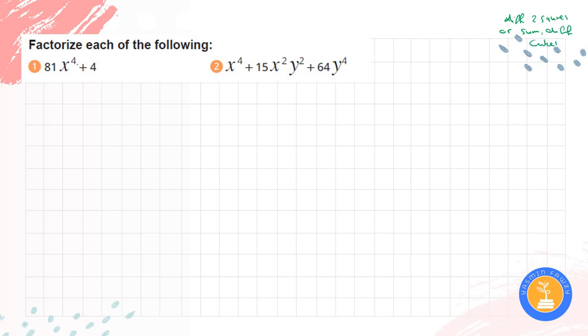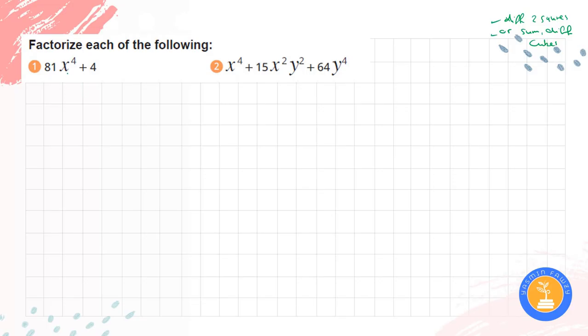Do we have any cubes here? No, I can't find the cubic root of x to the power 4, neither for the 4. So what shall we do here? If we don't have a difference between two squares, or a sum or difference between two cubes, and we have a binomial, we are going to use the completing the square strategy.